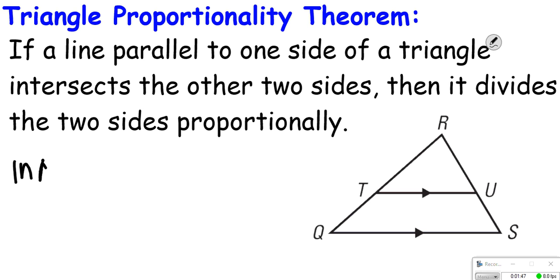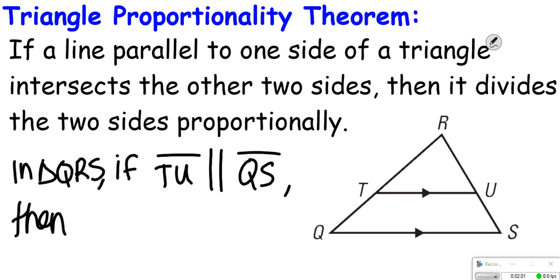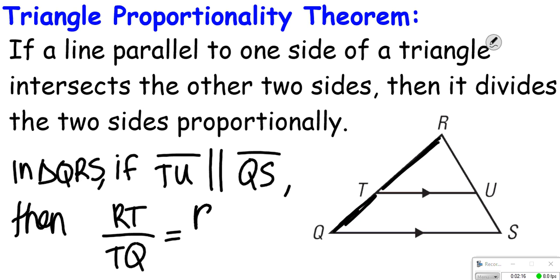In triangle QRS, if segment TU is parallel to segment QS, then, and this is what we looked at in the first example, the segments are just in different places, we know that RT to TQ, so that's here and here, equals the ratio of RU to US. So that's here and here.